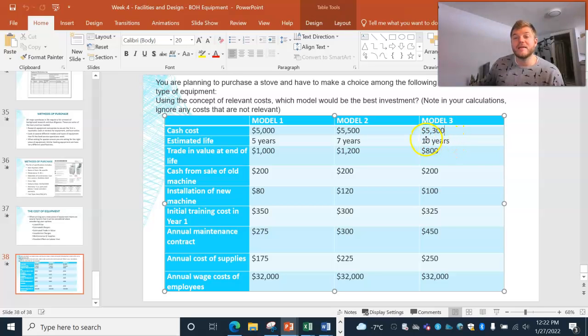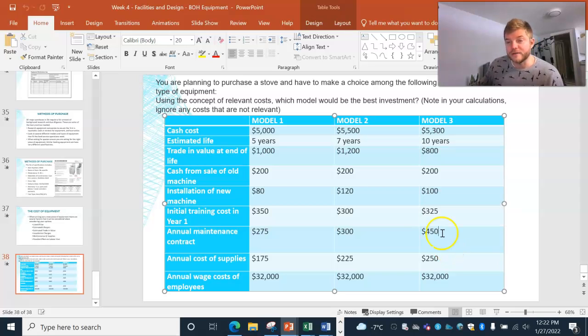So if I was to take 5,300 and divide it by 10, that's quite a bit different than 5,000 divided by 5. There's also the trade-in value. So what kind of trade-in value at the end of the life? Cash from sale of the old machine that you're going to be getting rid of, installation costs, initial year's training, annual maintenance contract. So yeah, this one lasts 10 years, but we have to pay $450 every single year for someone to come in and maintain it.